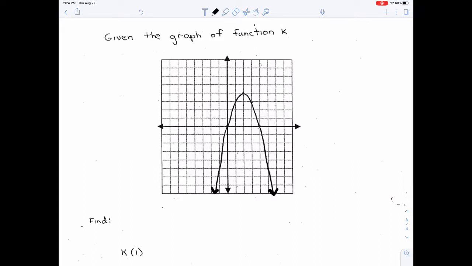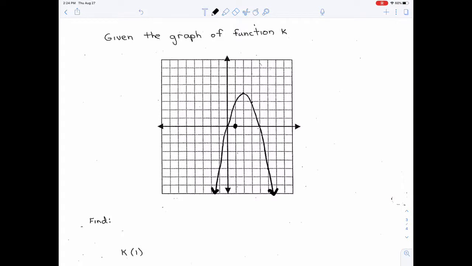K of 1 means find the value of y when x equals 1. Somewhere on this graph there is a point and its x coordinate is 1. Well, what's its y coordinate? Don't look here, because that's not on the graph.